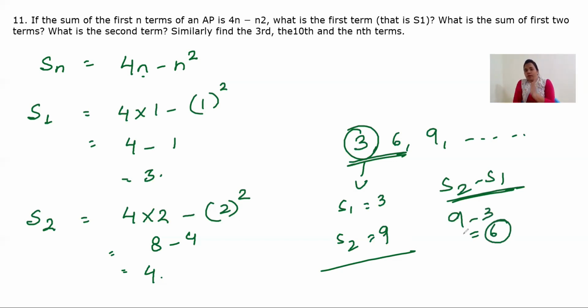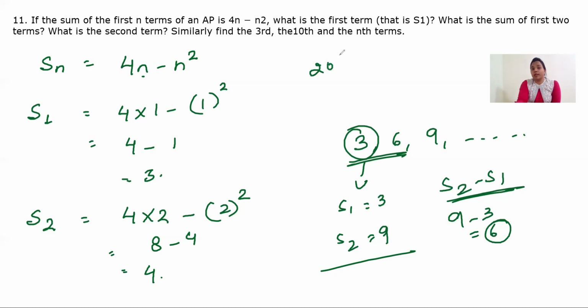So it means if I have to find the second term, I can do S2 minus S1, means sum of two terms minus sum of one term. Similarly, if I have to find any term from the formula of sum of the terms, I can subtract the sums of consecutive numbers of terms.